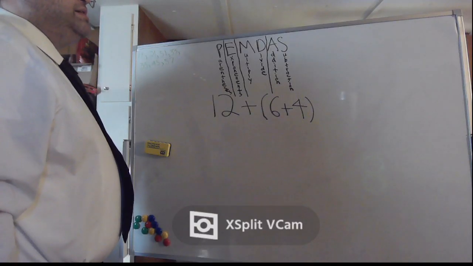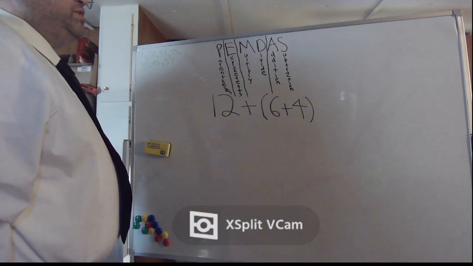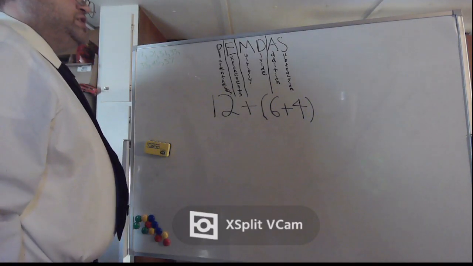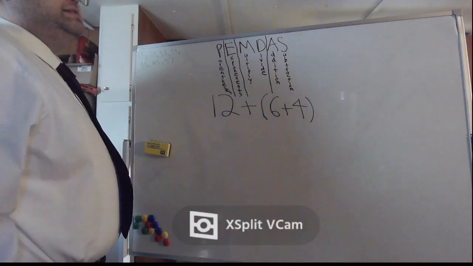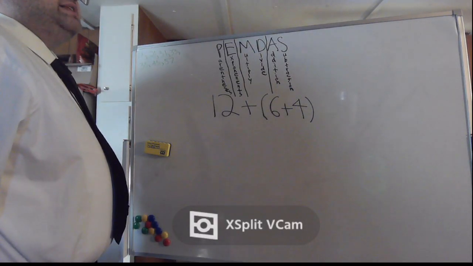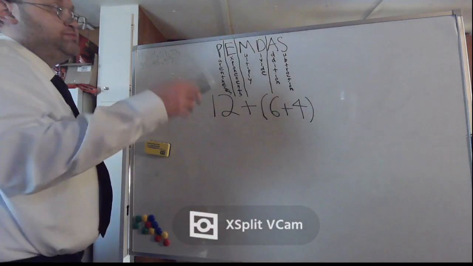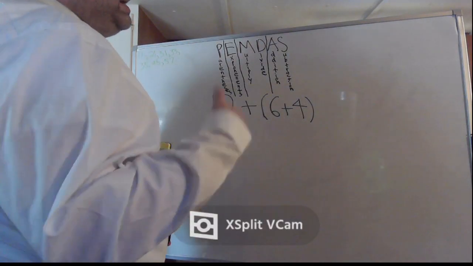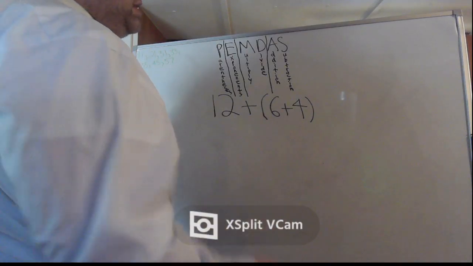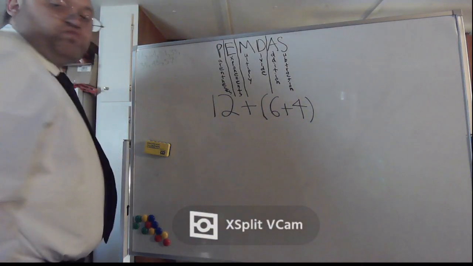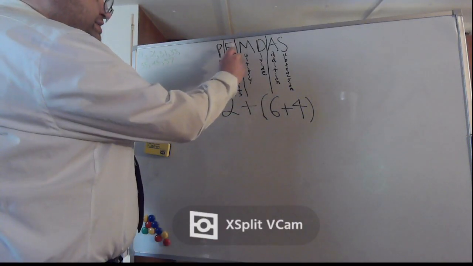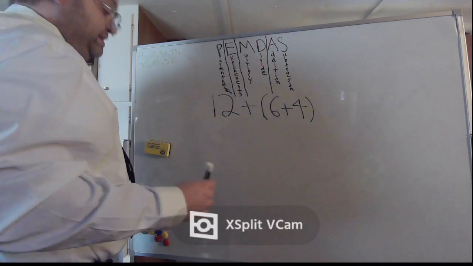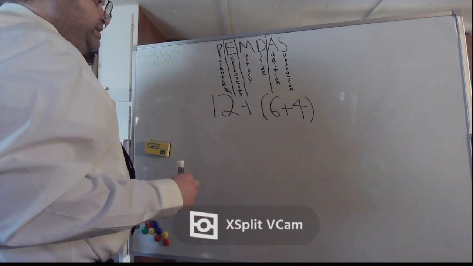Addition and subtraction are the same priority because when you subtract, that's the same as adding a negative number. And we'll get more into that as we get into negative numbers at some point. But if you can remember, please excuse my dear Aunt Sally, you'll remember the order of operations.